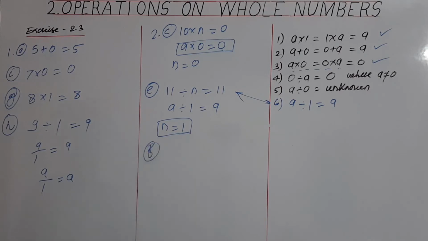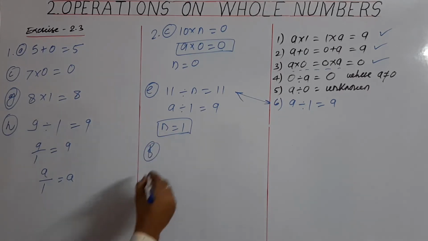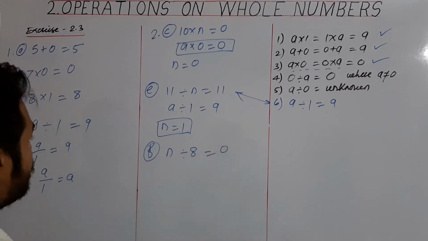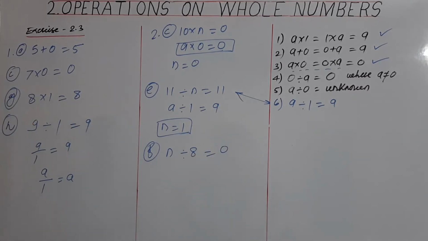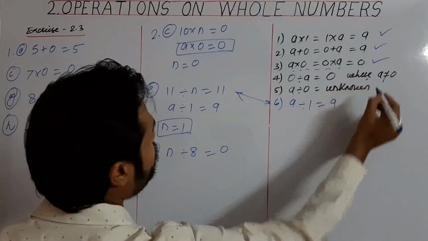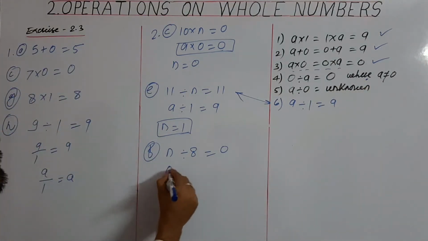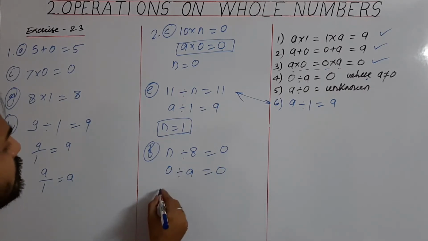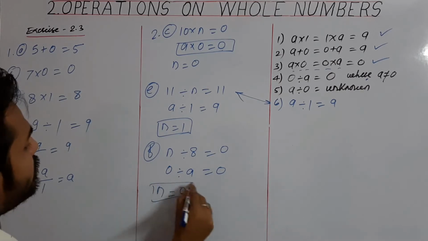Next, F. n divided by 8 equals 0. This is related to the fourth property. 0 divided by a equals 0. So the value of n equals 0 here.